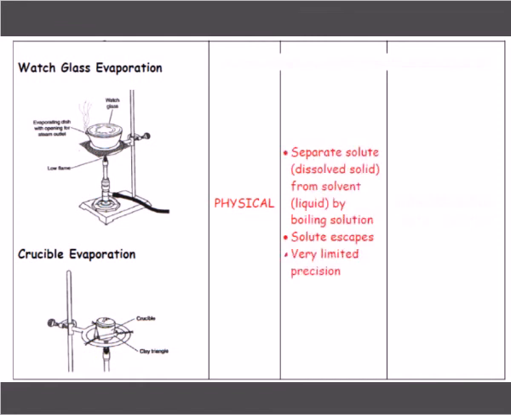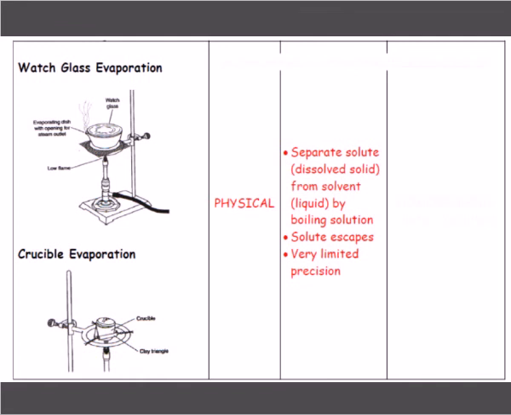This is what you would typically use, like we were talking about with Kool-Aid, that it's a physical change. This is how you would get the soluble pieces, the sugar and the flavoring, back out of solution. We would evaporate the water off, and then what would be left behind is what was soluble. The dissolved solid would be left behind.